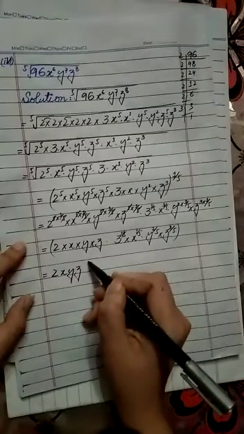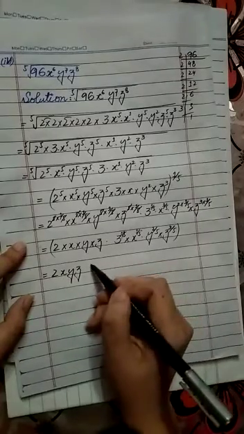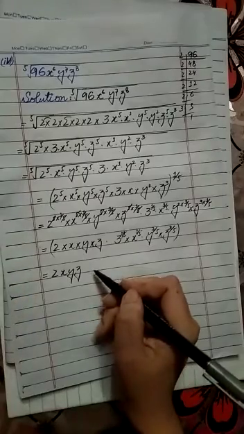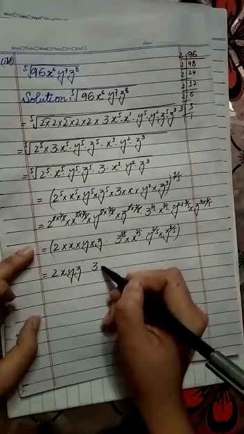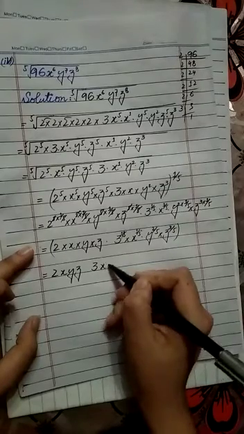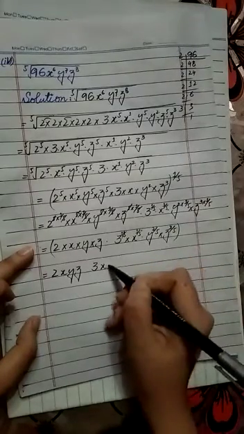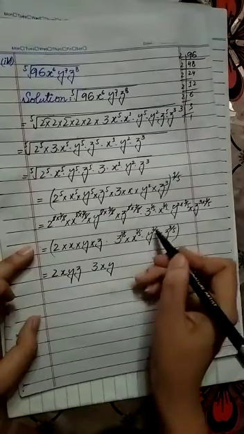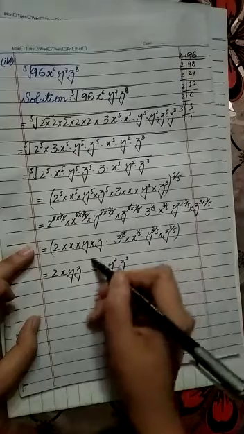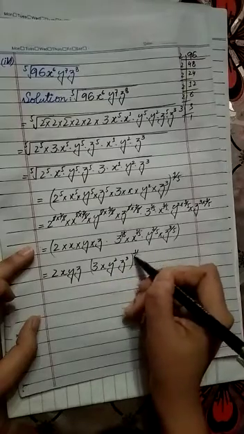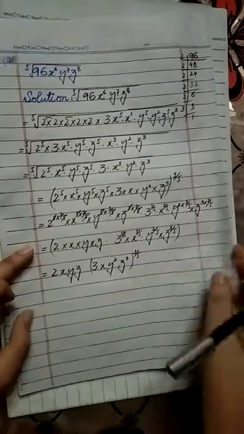2xyz into these, if we want to change these all again in power form, 3x y power 2 and z power 3, whole power 1 by 5, sorry.